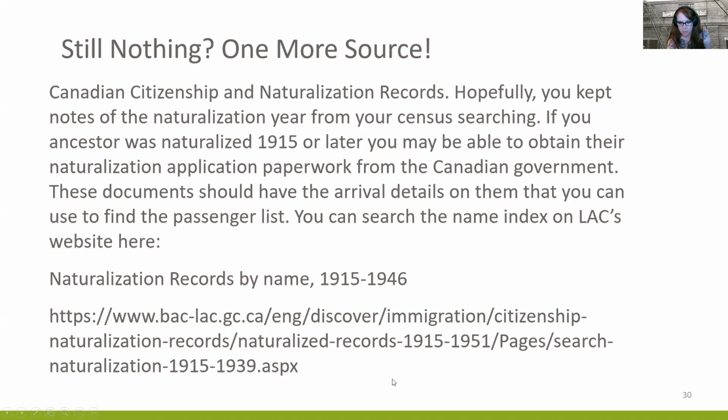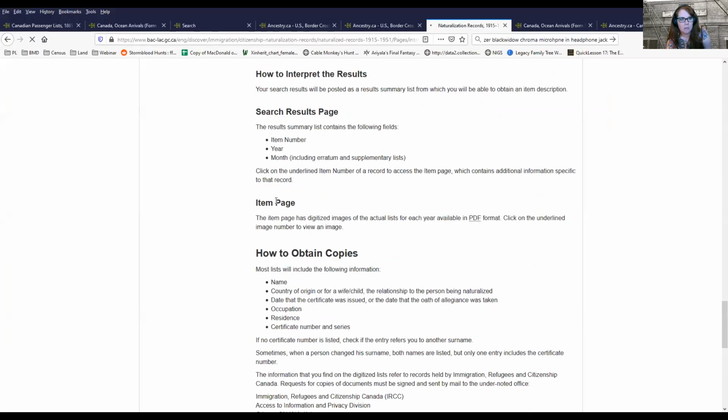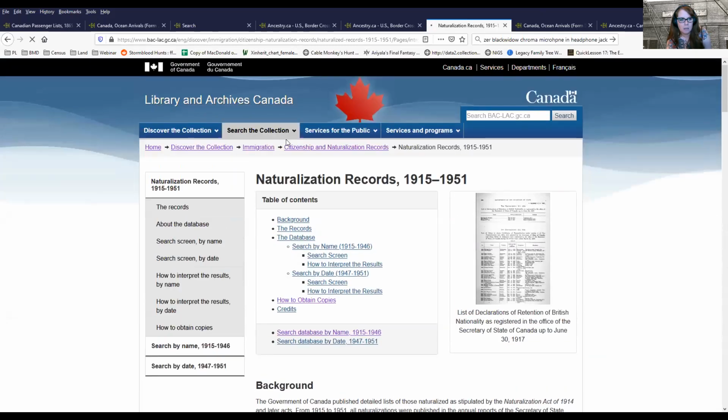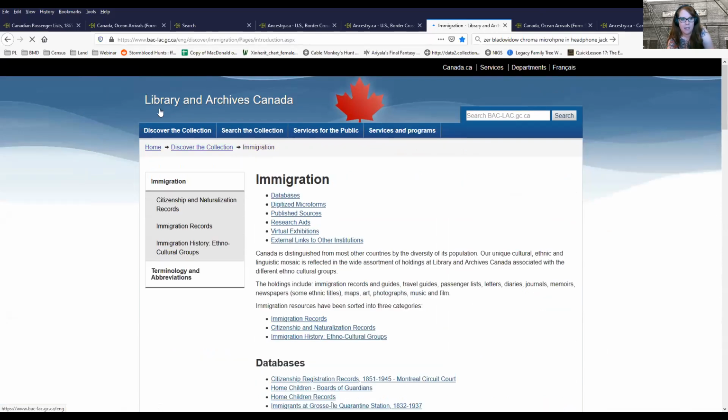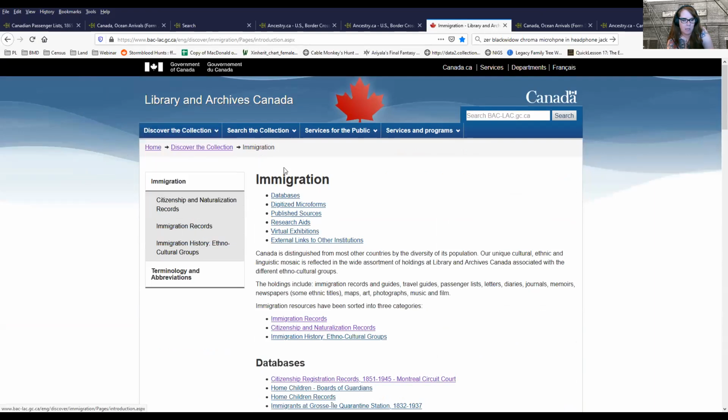The index is on Library and Archives Canada. Let's go back to here. Okay. If you go to Library and Archives Canada, you can go into Discover the Collection, and you want immigration. And up here, you'll see Citizenship and Naturalization Records.